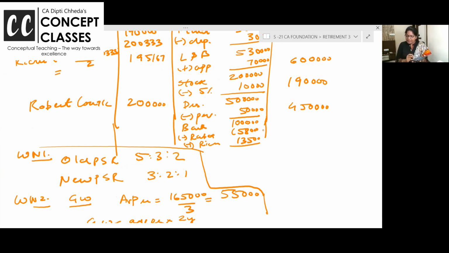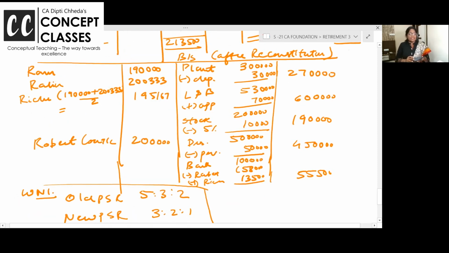Look at the bank balance now. 1 lakh minus 58 plus 13,500. 55,500. Bank balance is 55,500.